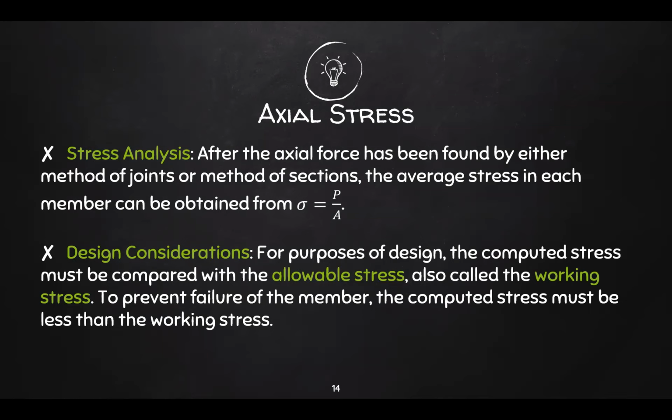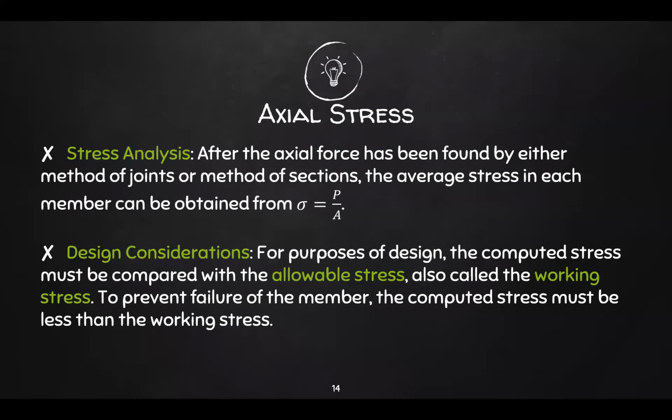So after figuring out the forces in each member, you can also get the stress in each member using the equation sigma equals P over A, where P are the forces you've solved for in method of joints and sections.